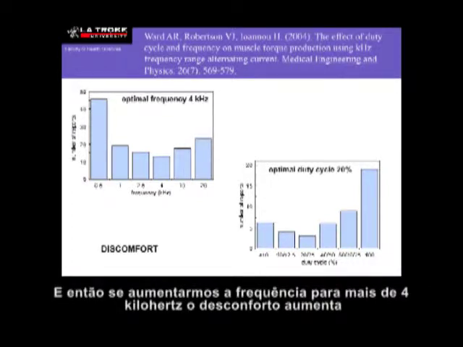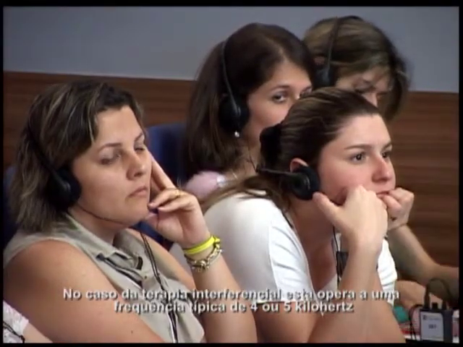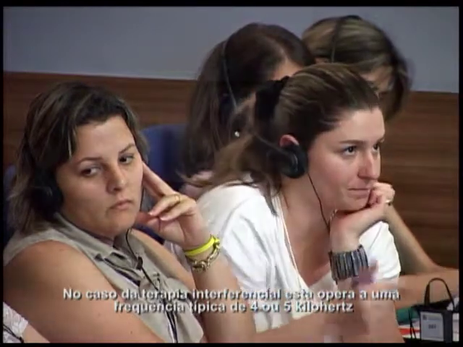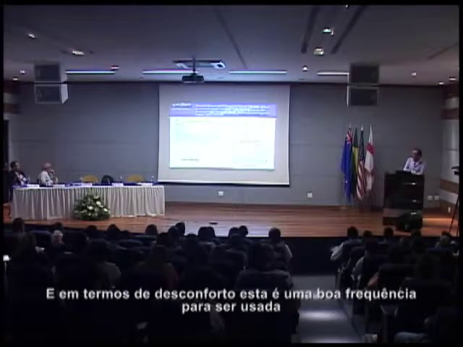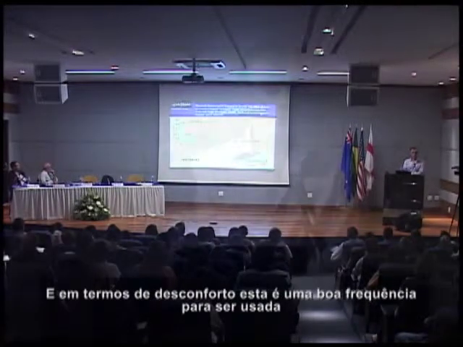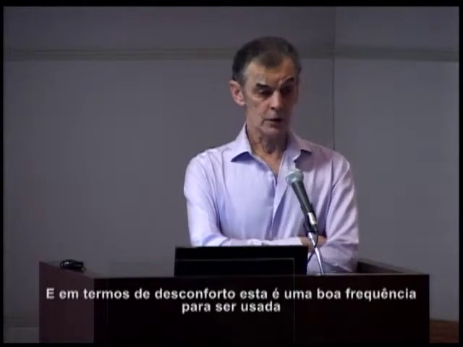And then if you increase the frequency above 4 kilohertz, the discomfort increases. So, interferential therapy typically operates at a frequency of 4 or 5 kilohertz, and in terms of discomfort, that's a pretty good frequency to be using.